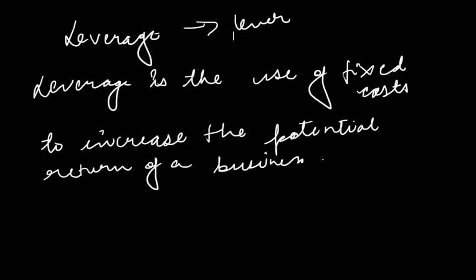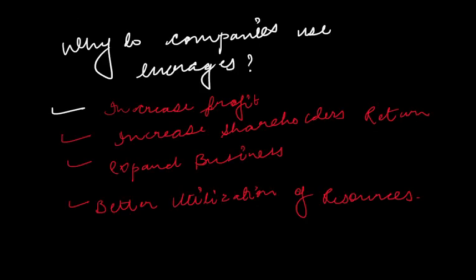Now we need to understand, why do companies use leverages? Every company wants to increase their profit. So sometimes companies invest in expensive machines, modern technologies or borrow funds from the bank.